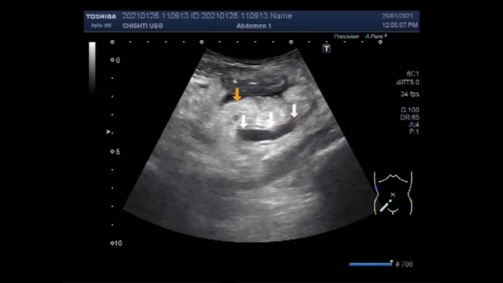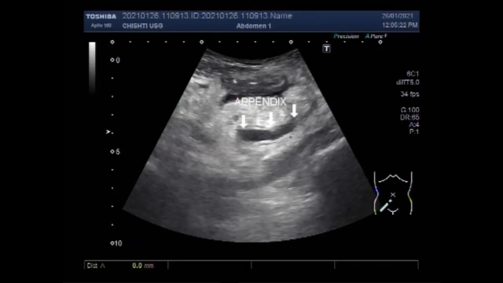But as it looks like that fluid has leaked from the inflamed appendix, so its size has slightly decreased.